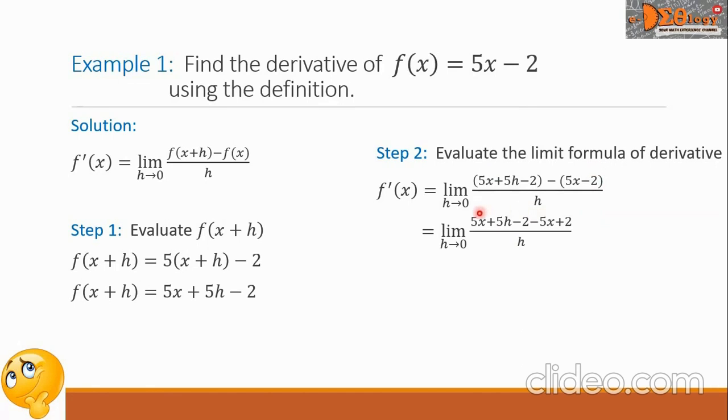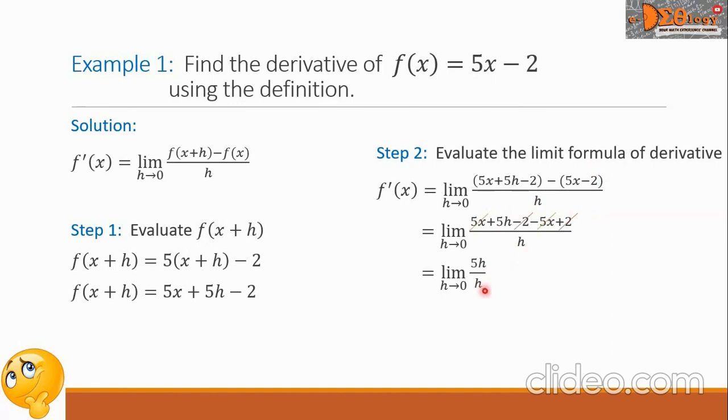Look at this 5x. We have negative 5x here, so they zero out each other. The negative 2 and the plus 2 will be 0 also. Writing again in simplified form, our function now becomes 5h over h.